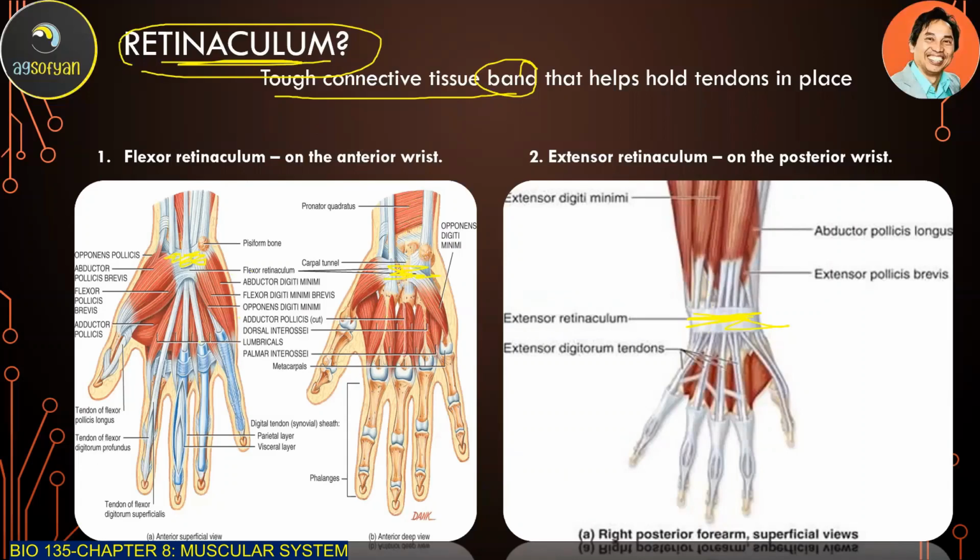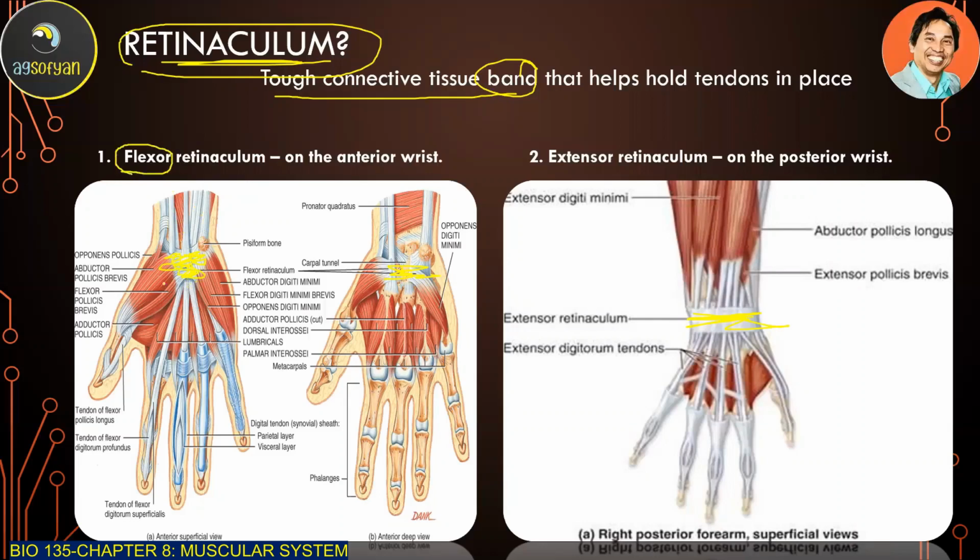If you look at your palm, just imagine that you don't see the skin over there. If you take out all the skin on the wrist area, then you will find the retinaculum. On the palm area, it is called the flexor retinaculum. Why flexor?